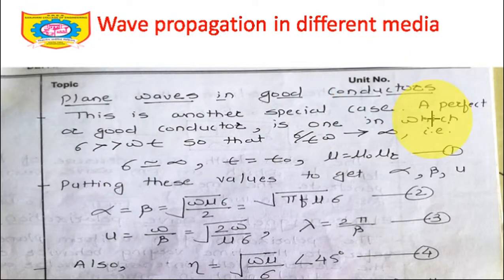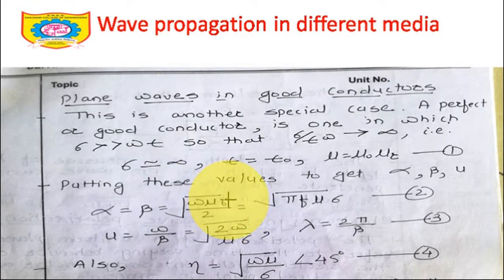Plane waves in the good conductor. Now in case of a good conductor, once again the same thing, I am not going to repeat this. Now I am going to put sigma much greater than omega epsilon, or sigma upon omega epsilon tending towards infinity. Put sigma equal to infinity in the expressions for alpha and beta, with epsilon equal to epsilon naught and mu equal to mu 0 mu r. We will get almost alpha equal to beta equal to root of omega mu sigma upon 2.